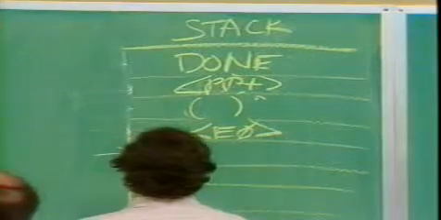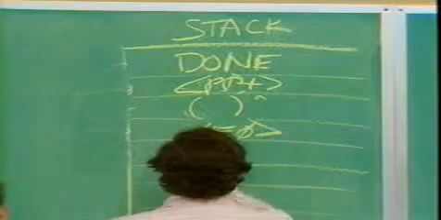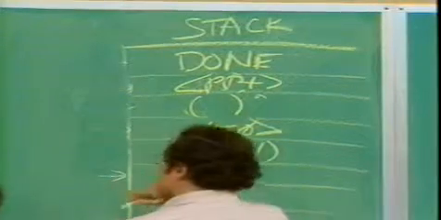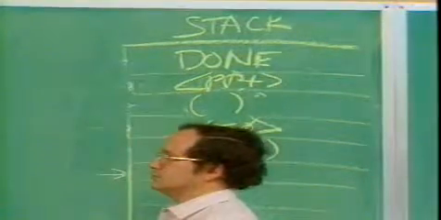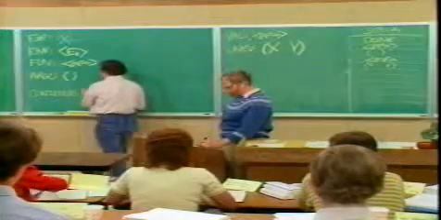We save unev, right, because those are all things we might need later. We're going to need the environment to do some more evaluations. We're going to need unev to look at what the rest of those arguments were. We're going to assign continue a place called accumulate args, or accumulate arg.